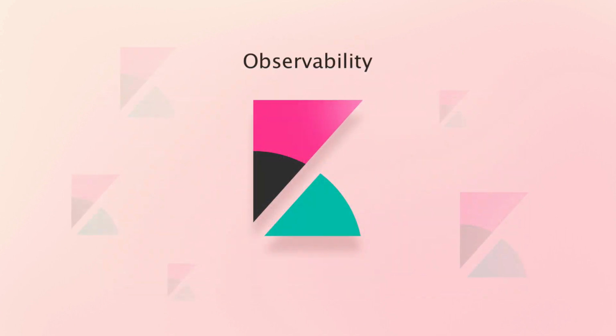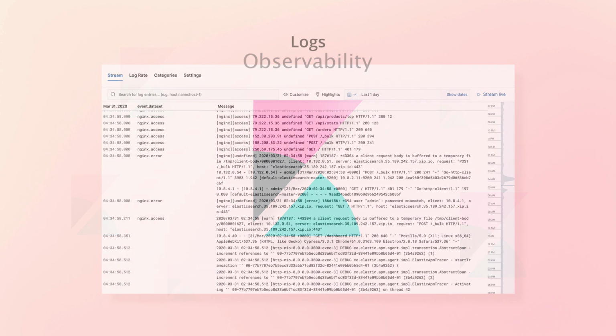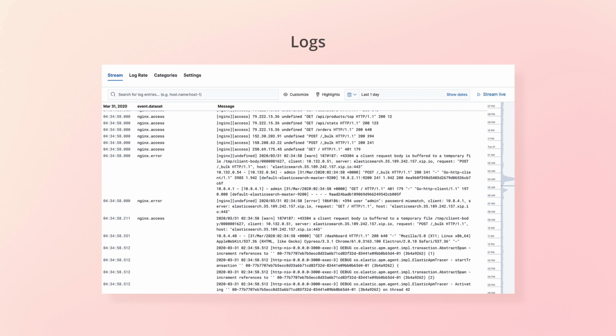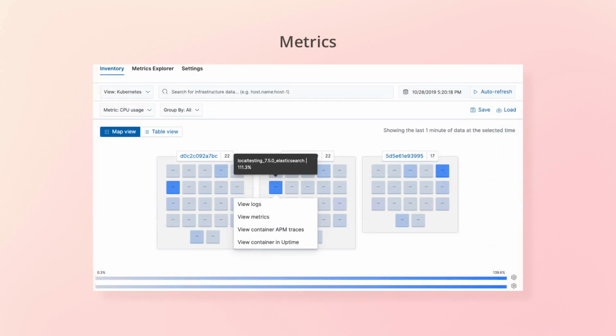Kibana is often used for observability. In case you're not familiar with that terminology, it's essentially about providing insight and visibility into how your applications and infrastructure perform. This includes logs, such as access and error logs for web servers. In terms of metrics, a couple of examples are hardware and operating system metrics, such as CPU and memory usage.